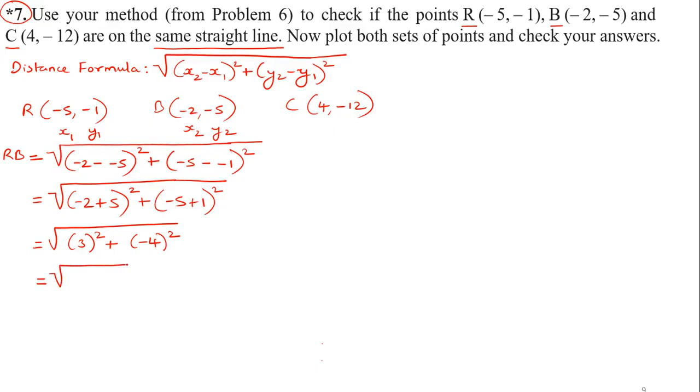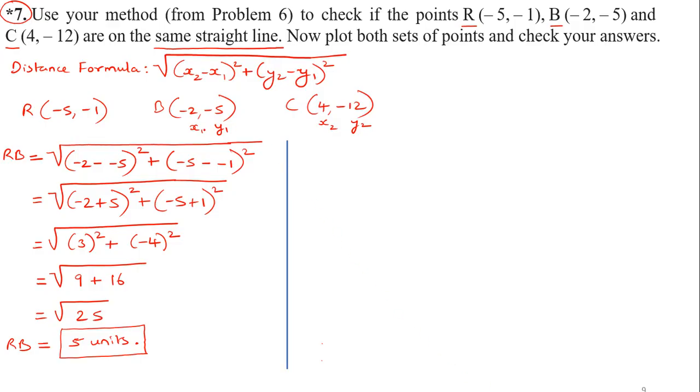So 3 3s is 9, 4 4s is 16, and minus minus will become plus here, and 9 plus 16 is 25, and 25 means it is 5, 5 5s is 25, so 5 units. So the distance is 5 units. So RB is 5 units.